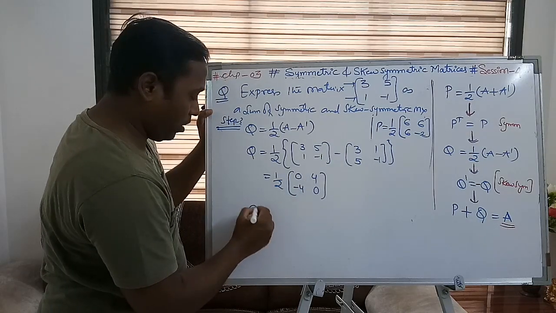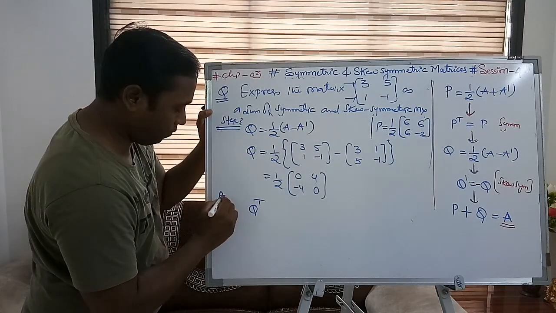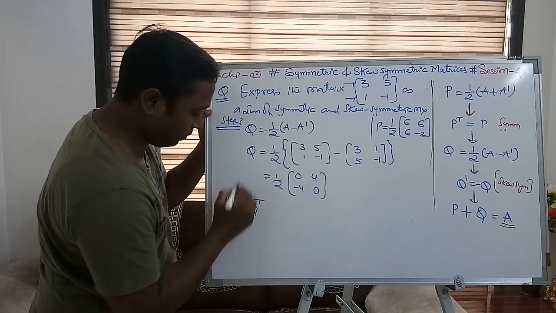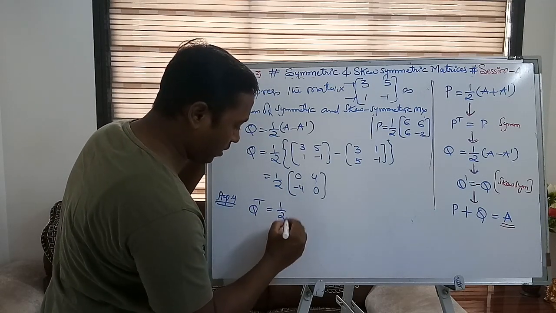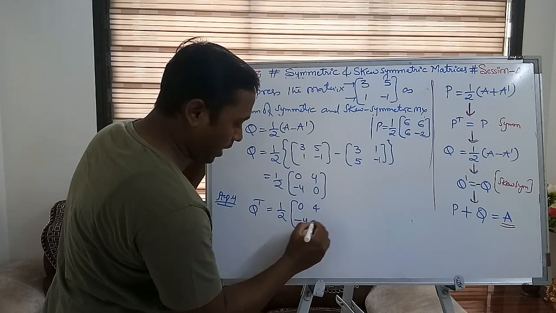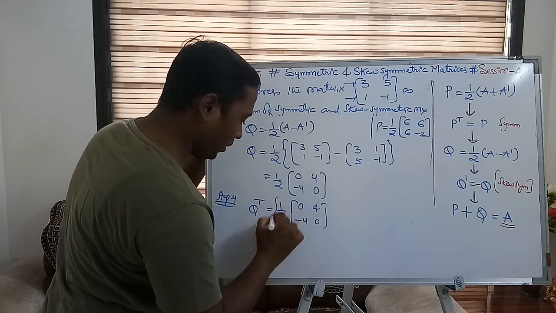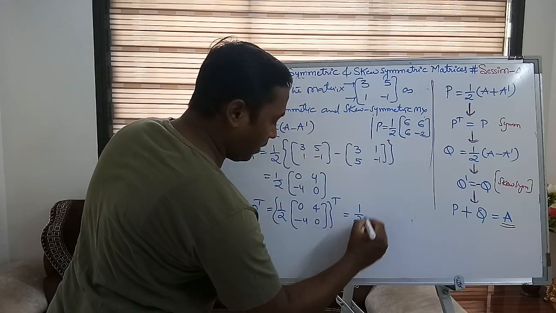Now we are going to prove that Q dash is equal to minus Q as step 4. Q dash, the transpose of this matrix, is half of 0, 4, minus 4, 0, whose transpose we are taking. Half will remain the same.